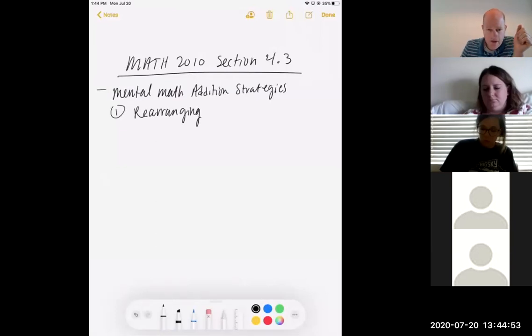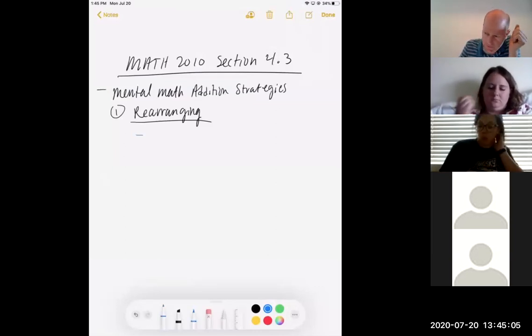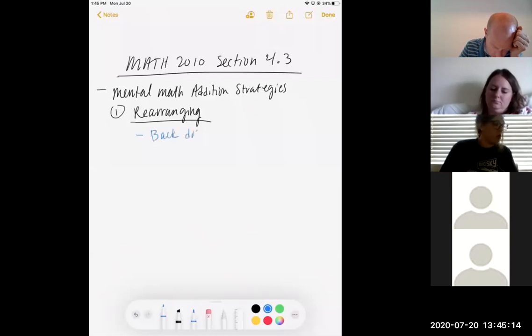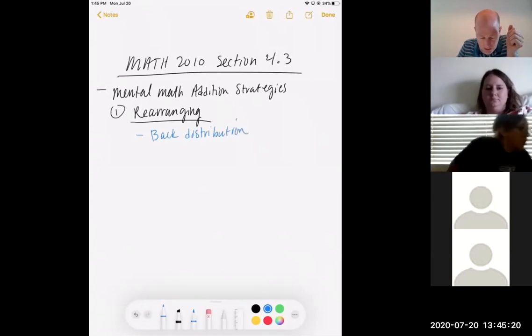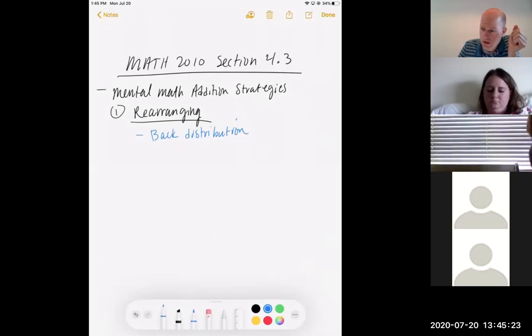I'm not sure why they call it that in the book, but what it essentially is, I call it back distribution. We've been doing this before with some of our 30-second challenges. Okay, so what you do to execute the rearranging strategy is you do back distribution of division.